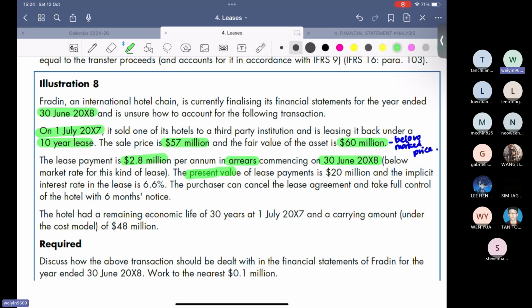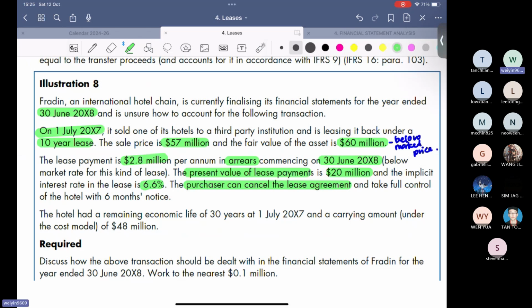The present value of lease payments is 20 million, implicit rate 6.6 percent. The purchaser can cancel the lease agreement and take full control of the hotel with 6 months' notice. After 6 months, you have no right to cancel anything, so everything will become confirmed.